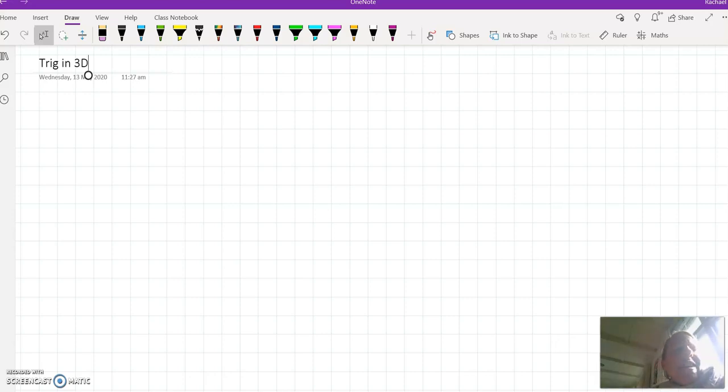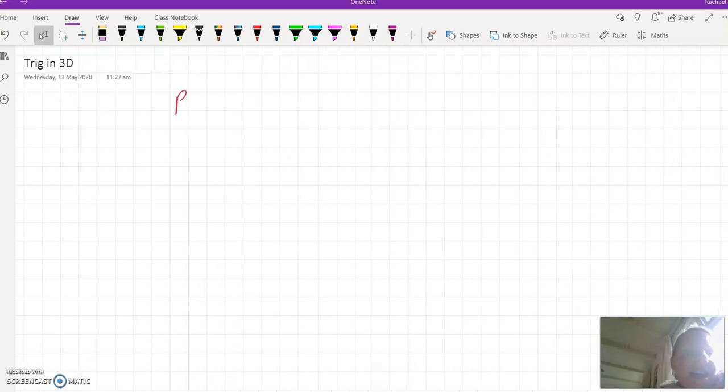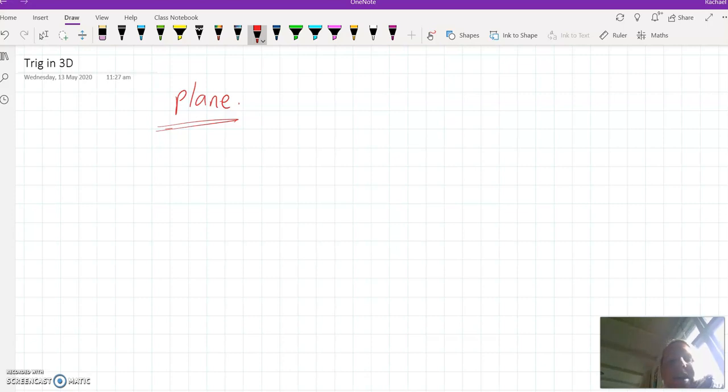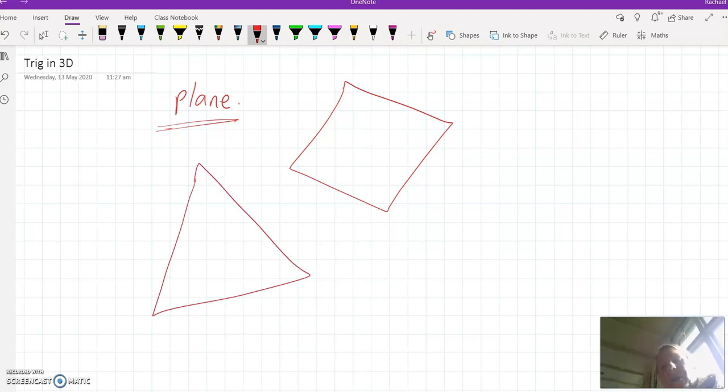So yeah, one word that has come into it that I didn't mention in our lesson the other day is a plane. Okay, a plane you can imagine as like a piece of paper. So it could be a square, it could be a triangle, but the idea is that it's flat. It's two-dimensional. Okay, a plane, it lies there flat.